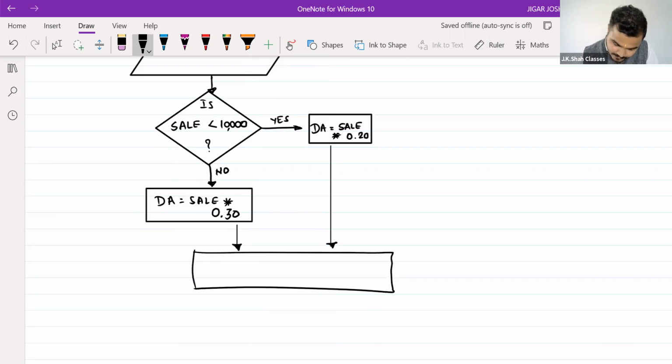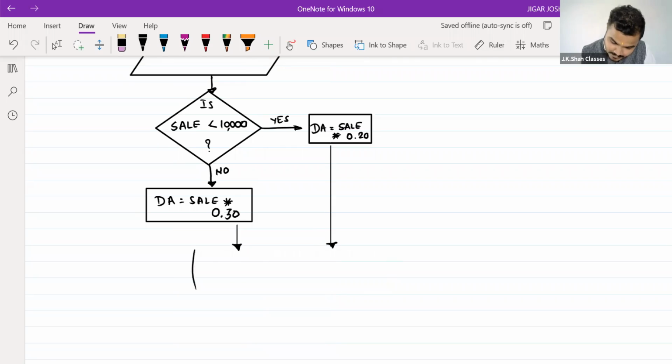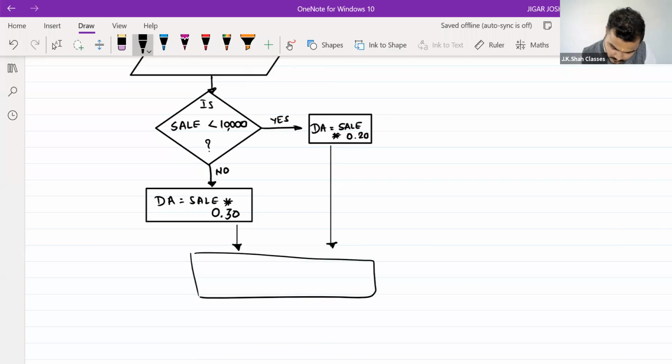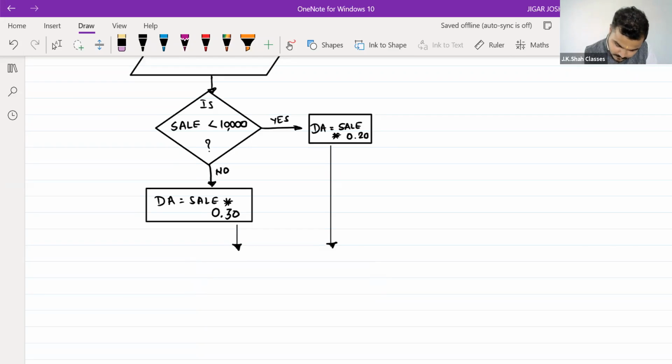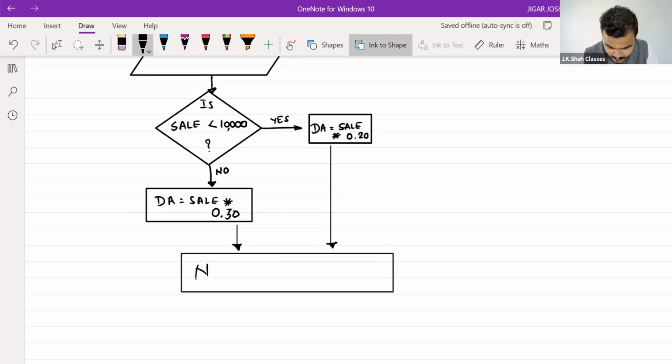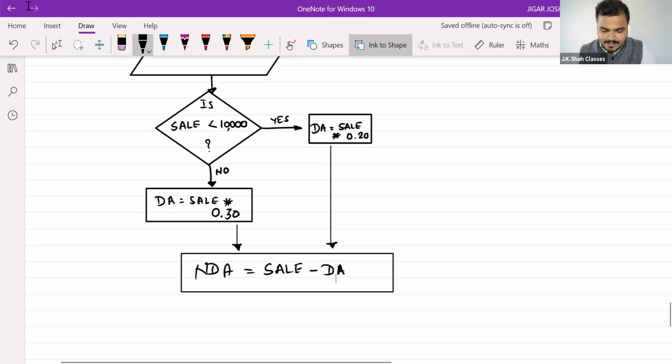So we'll calculate: net discounted amount is equal to whatever the sale may be minus discount amount. Understood, my dear students?